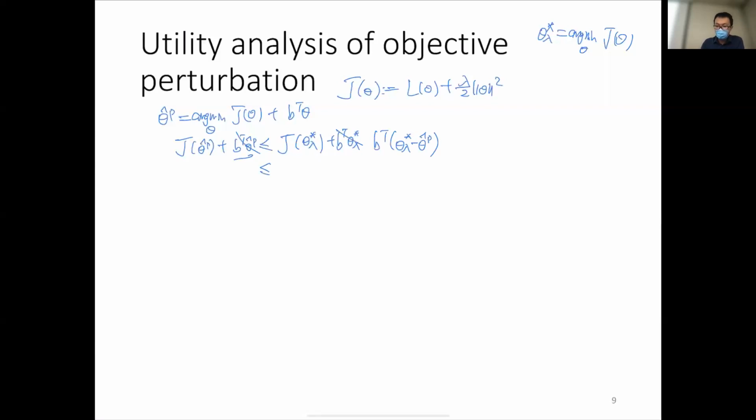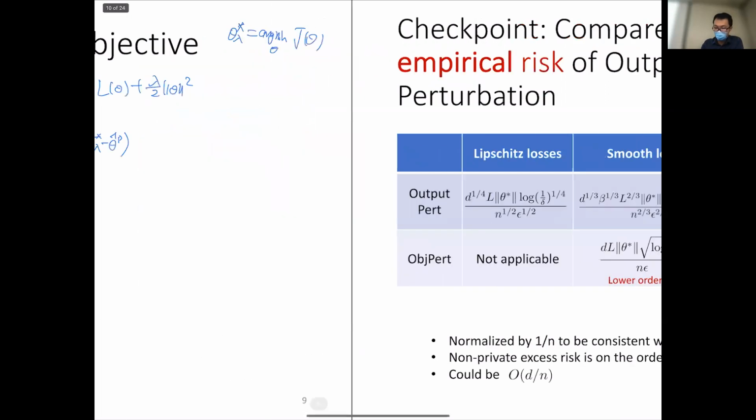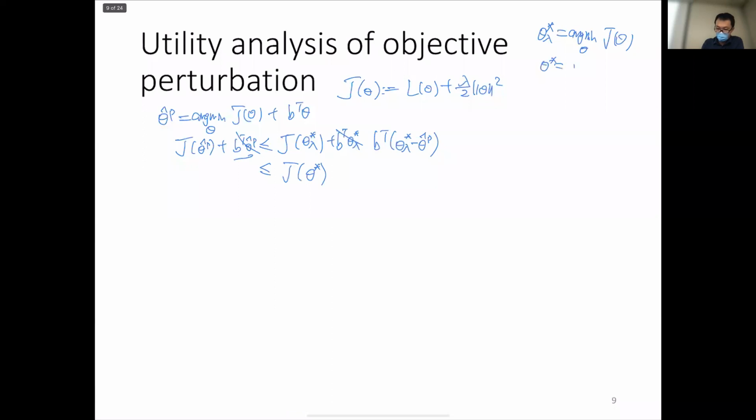And now following the same argument that we've seen before, we can replace this theta star lambda with theta star, where theta star is the argmin of L of theta. This is the argmin of the unregularized objective function.